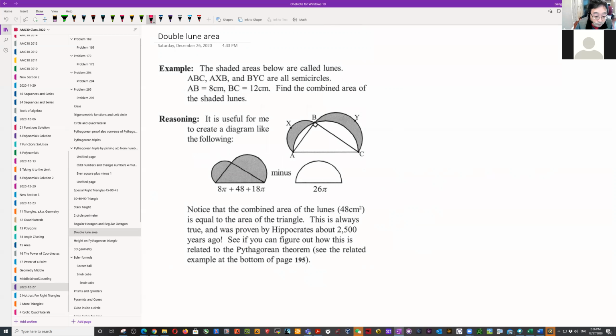And this part is also like, this is Hippocrates, and 2,500 years ago, they already knew how to calculate the area of those double lumps.